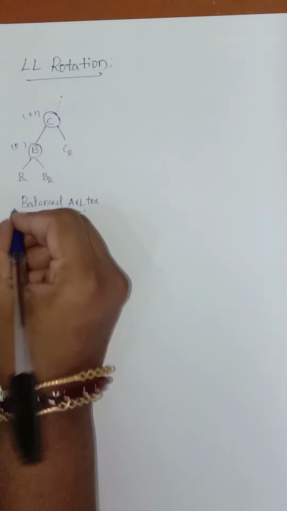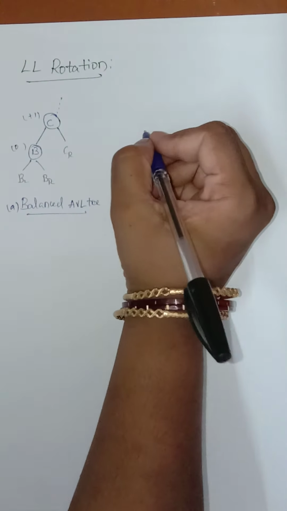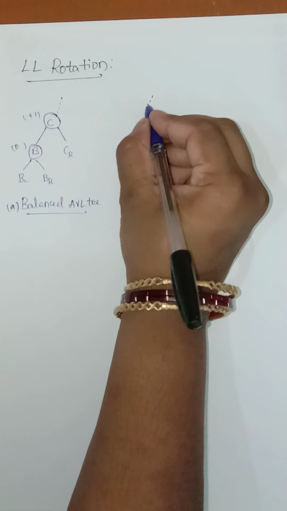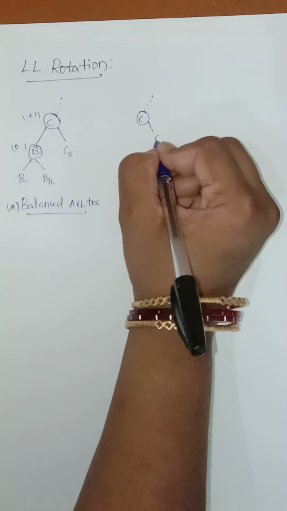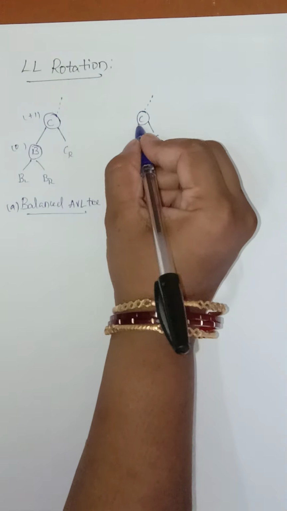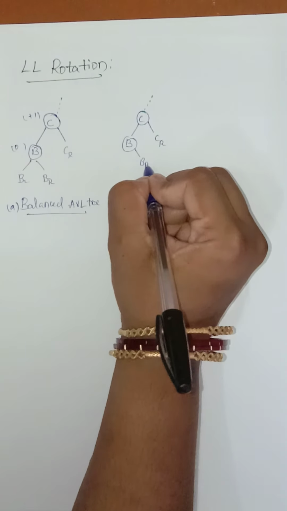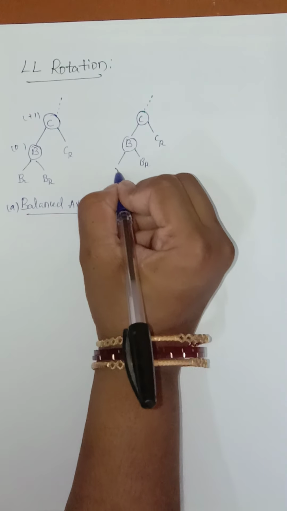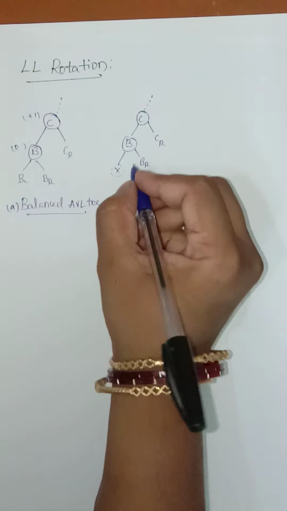Next we are inserting the element X into this tree. Then it will look like this. For B, this is the right subtree of B, and in the left subtree we have inserted the X element.